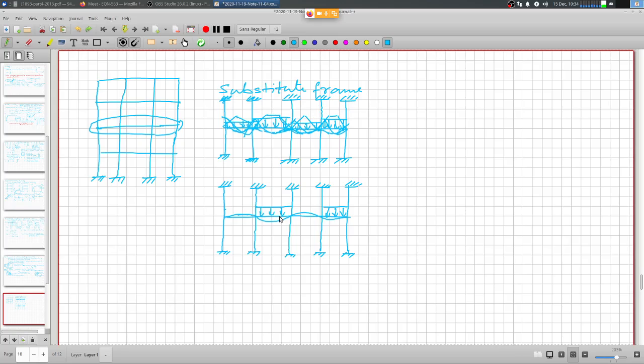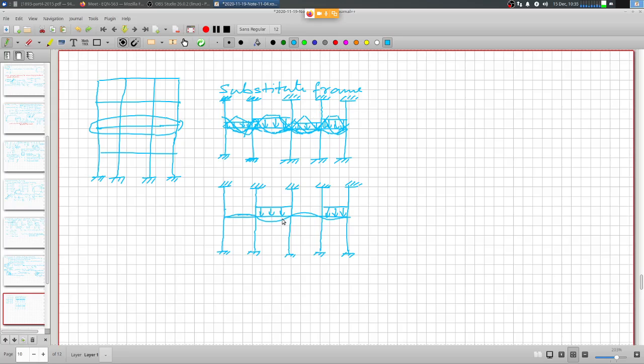So typically alternate spans are loaded, and all other different alternate spans loading are considered to determine the critical load condition. So alternate span loading is normally used for gravity load, and very convenient for quickly estimating the design forces and actions on the beams and columns.